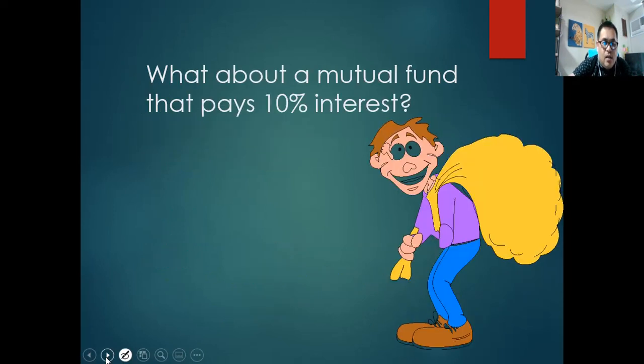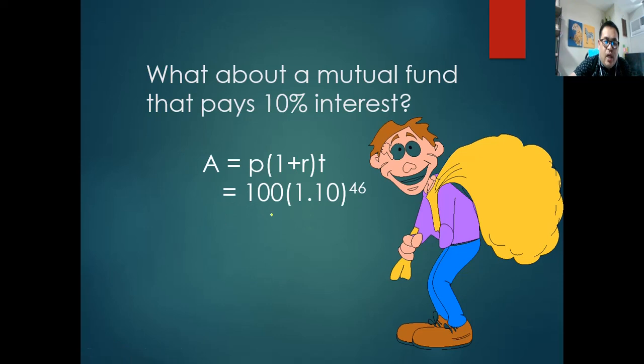Okay. Next, what about a mutual fund that pays 10% interest? A is equal to P times 1 plus R raised to the time. So we have principal 100, 1 plus 0.10 raised to 46.